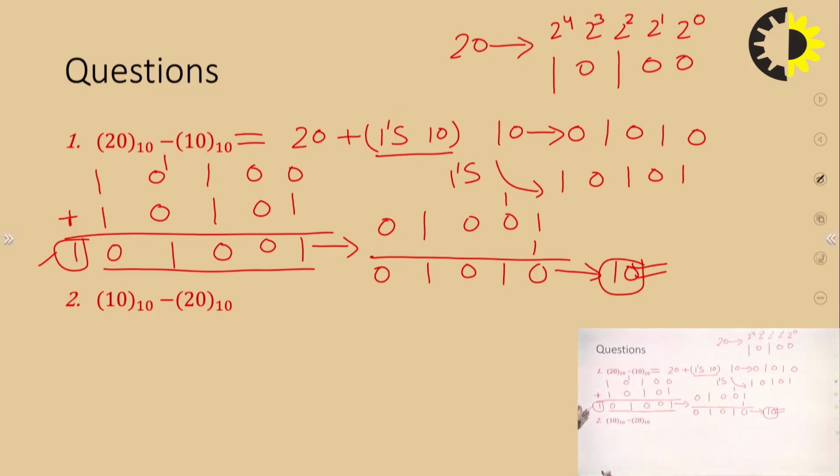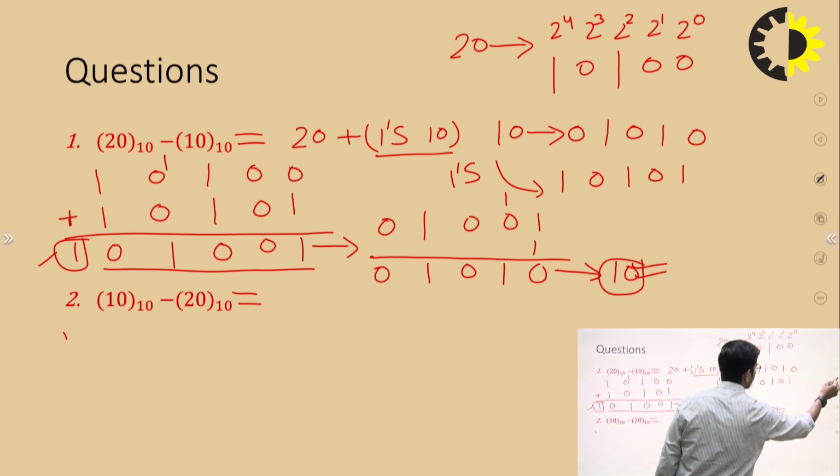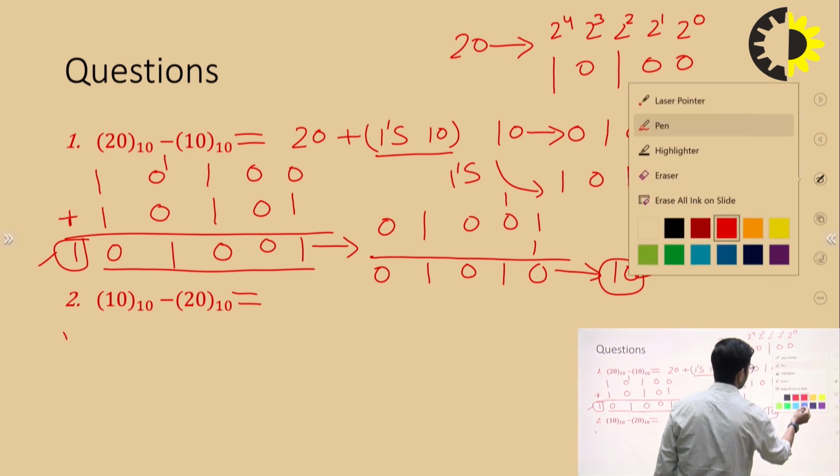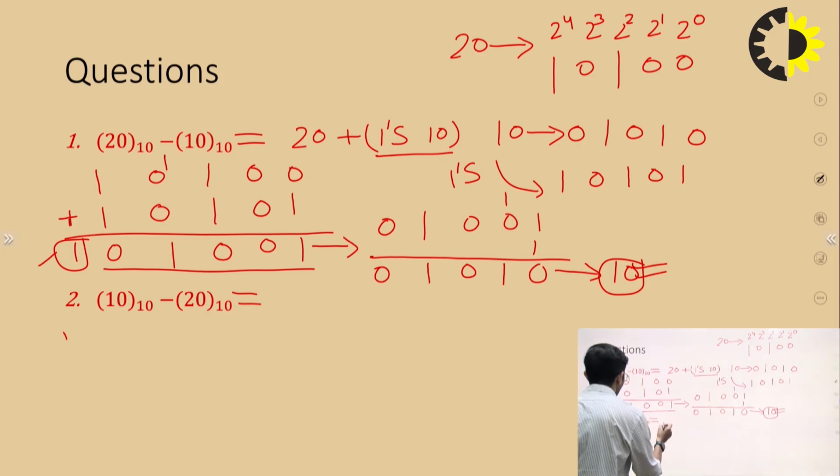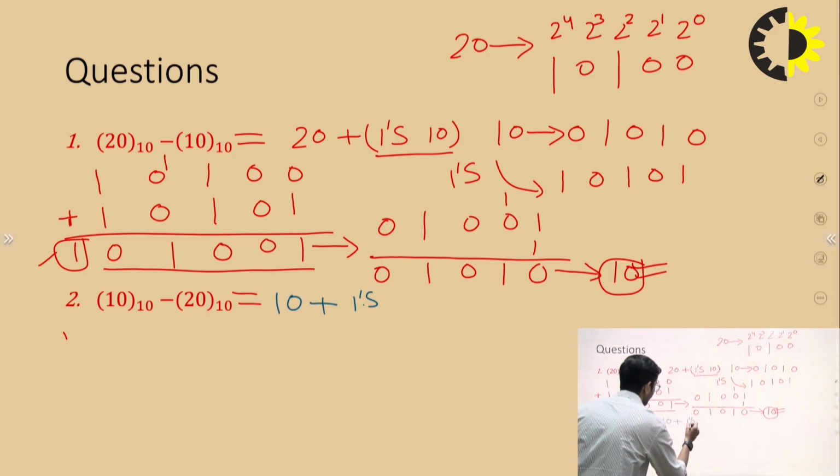Now if we are subtracting the higher number from the lower number, how can we perform it? Again we can write 10 minus 20 as 10 plus 1's complement of 20.